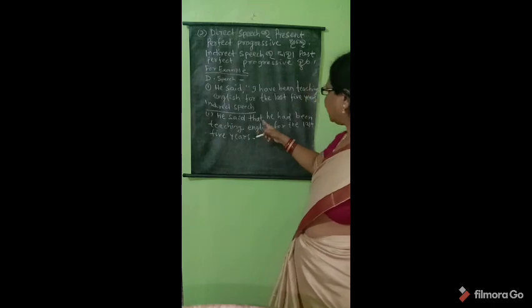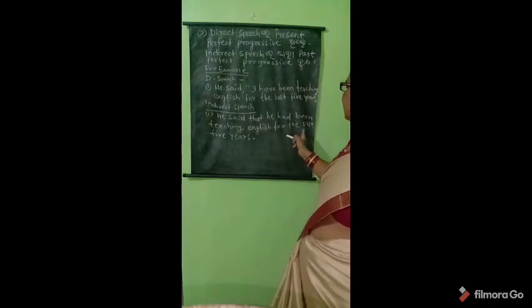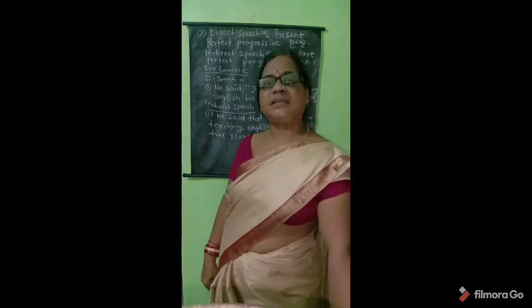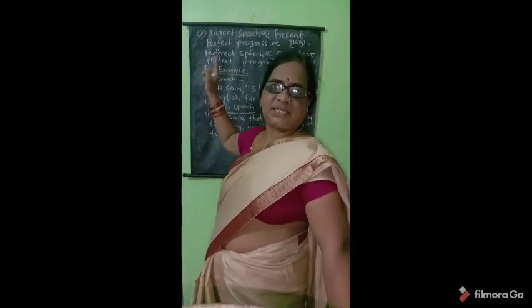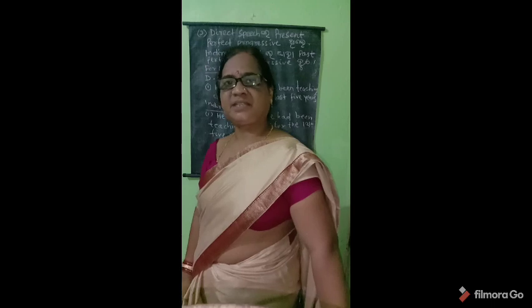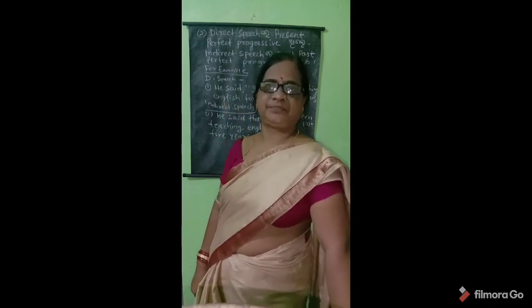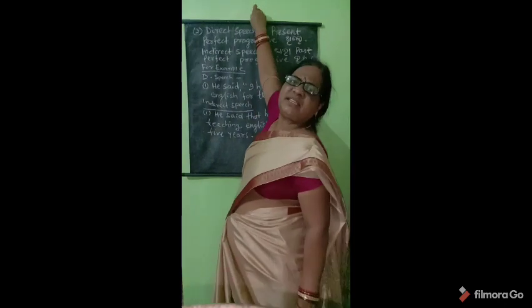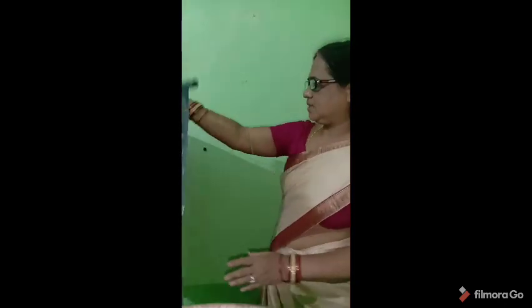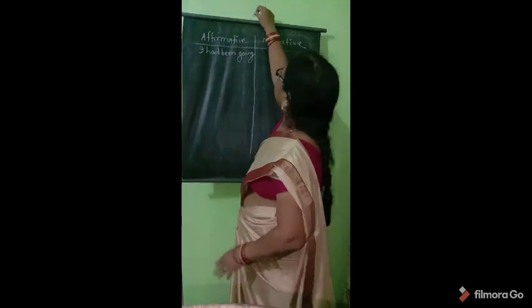He said that he had been teaching for the last 5 years. In this way, we use the past perfect progressive tense of the verb. So students, we can make so many sentences by using this verb.